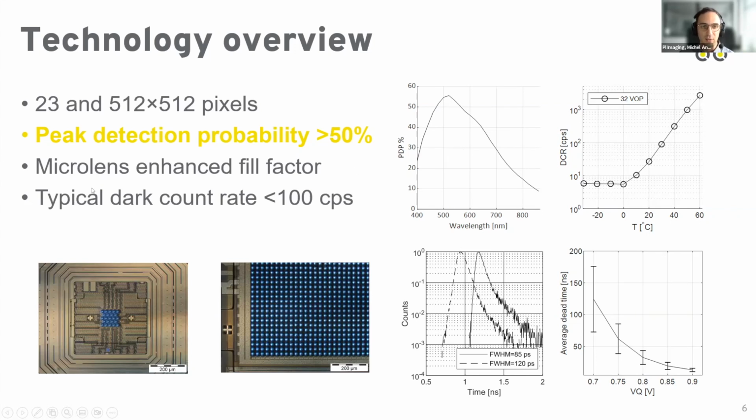I need to reiterate that all our sensors are microlens based, so the fill factor is extremely high. Dark count rates are below 100 counts per second, and for the image sensor it is even lower, typically less than 25 counts per second.